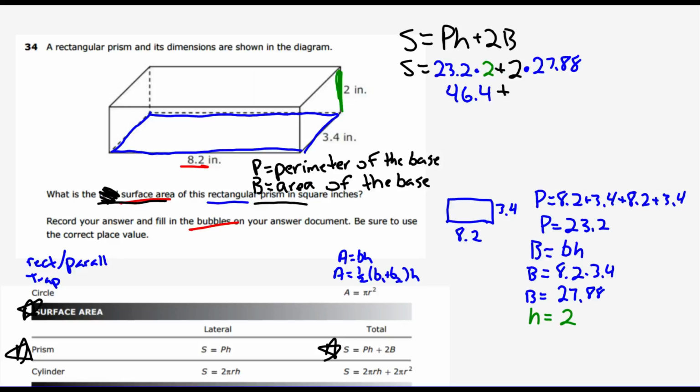So 2 times 27.88 is 56 point... no, that's not right. 55.76. We add these two together. It's 55.76 plus 46.4 is 102.16.